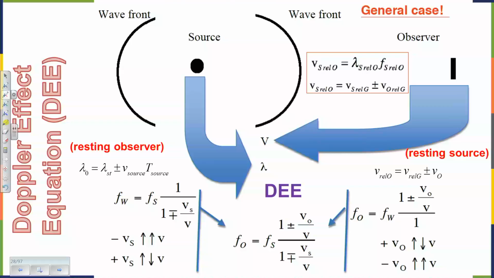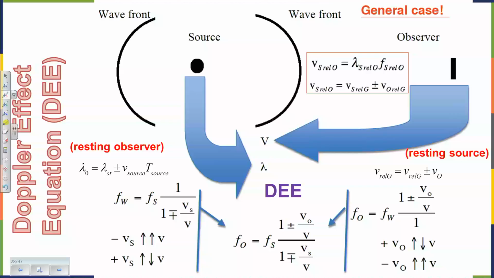What's happening to the wavelength depends on the motion of the source and where the observer is. If an observer is in front of the moving source, that means the wave fronts which reach the observer travel in the same direction as the source, and that shrinks the wavelength, which should increase the frequency.